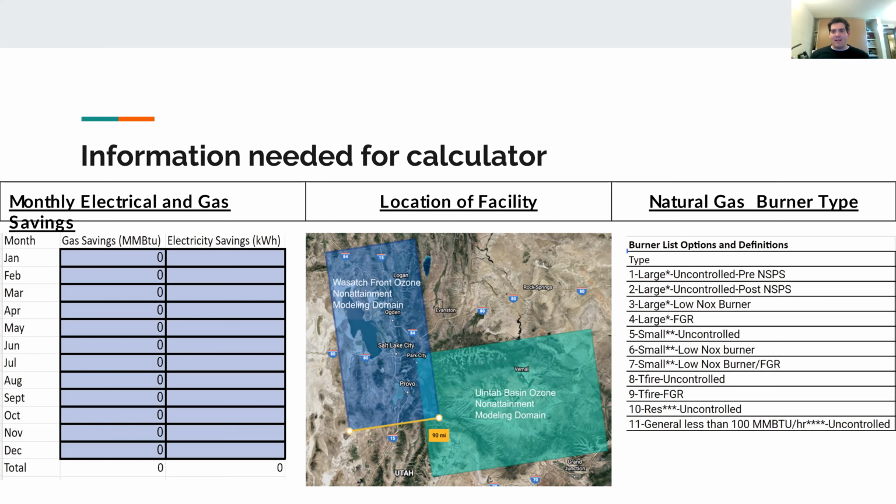During the winter months, we have a spike in PM 2.5 across the Wasatch Front. So basically, we have 2 non-attainment zones for ozone and 1 non-attainment zone for PM 2.5. But for our purposes, the ozone and the PM 2.5 modeling domains overlap. So that's why you just choose one or the other.